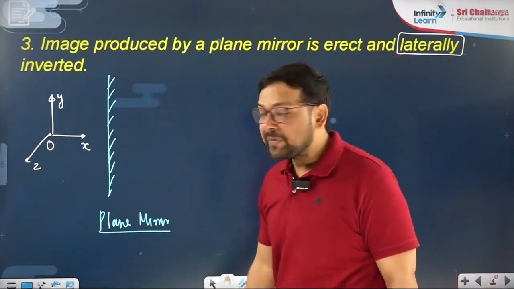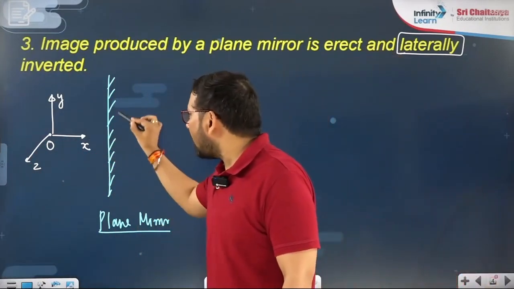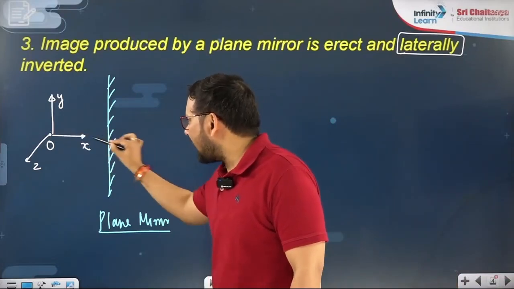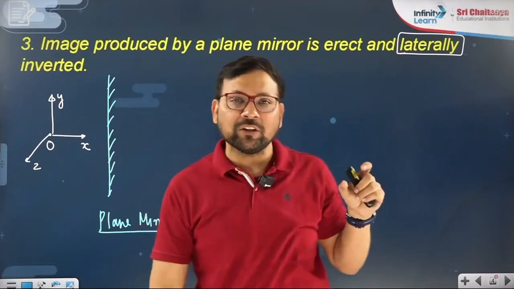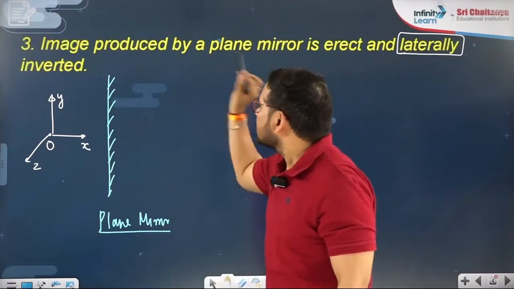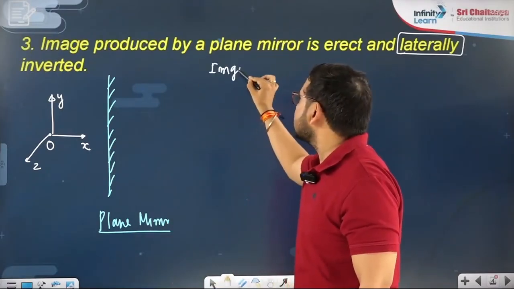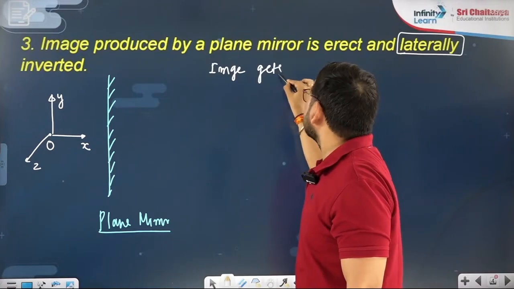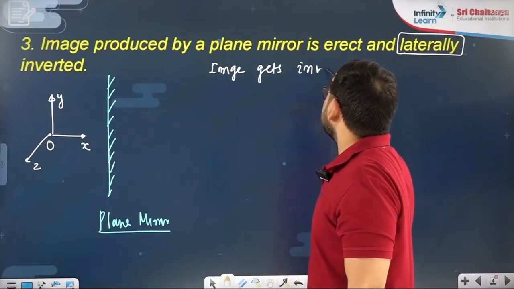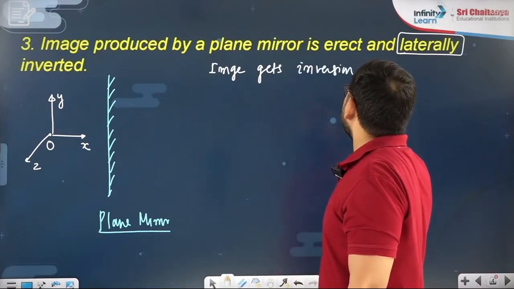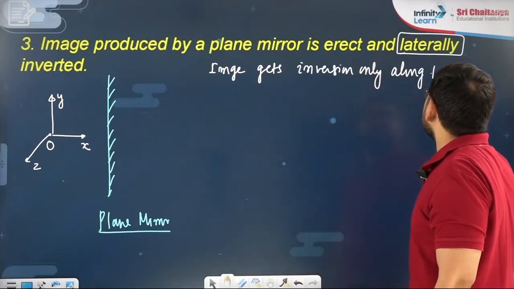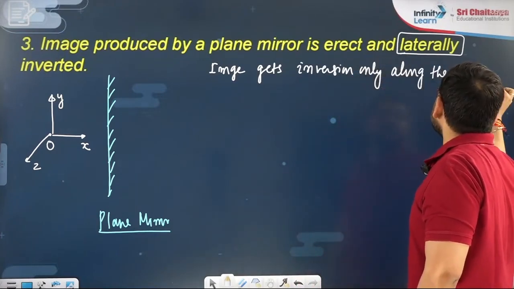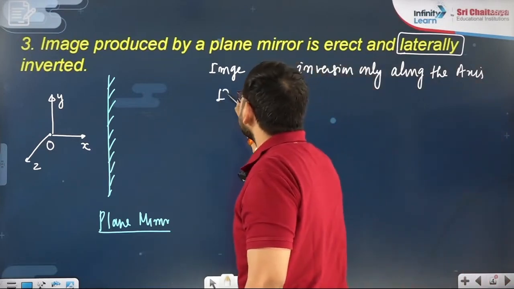Length, breadth and height. Now, a light ray will fall on the mirror. According to which axis will the light ray strike the mirror? Which axis is incident on the mirror, that we have to check. So, the image gets inversion only along the axis perpendicular to the mirror.